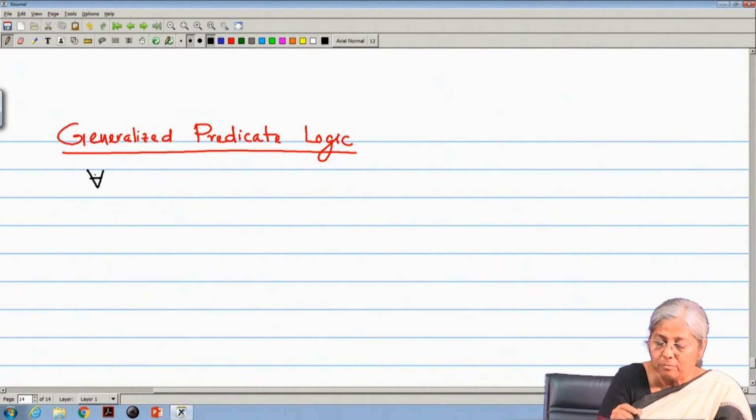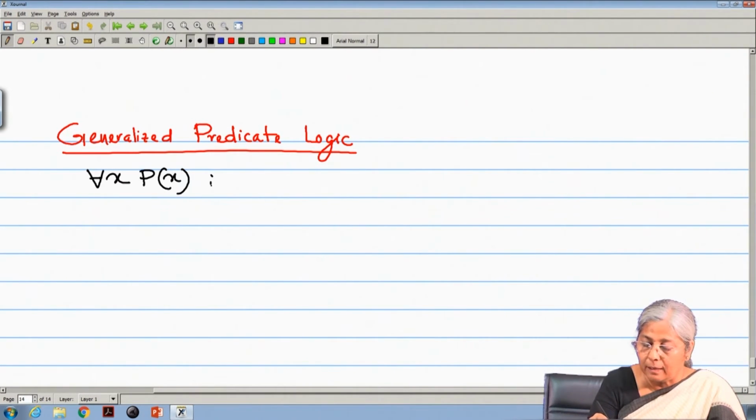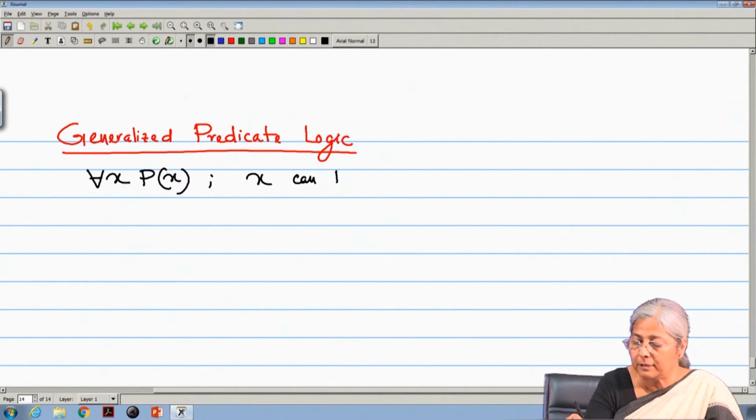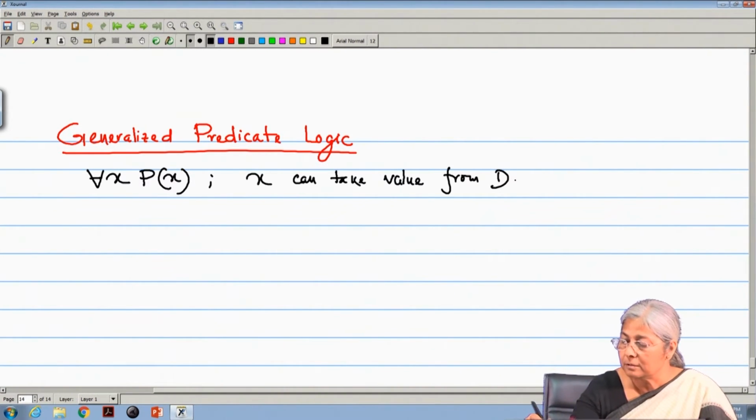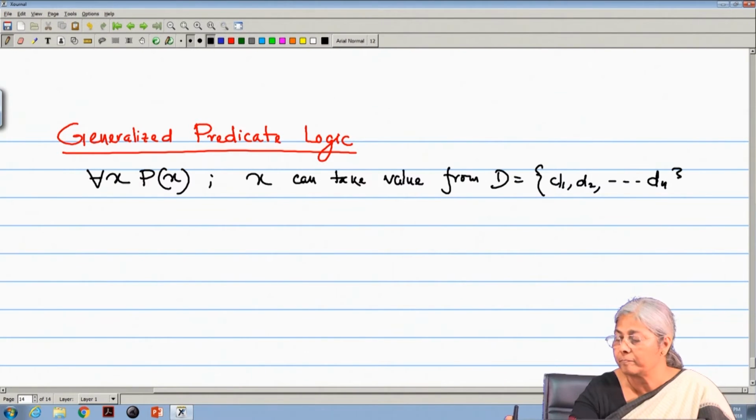We consider a universally quantified statement, for all x P(x), where x can take a value from the domain of discourse D, that is D1, D2 up to Dn.